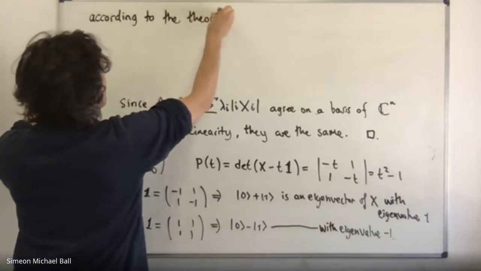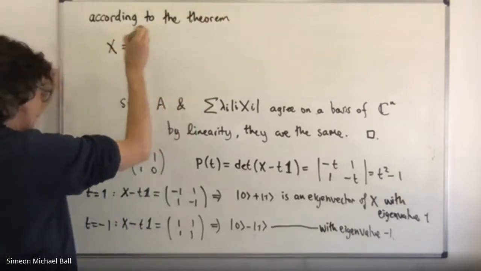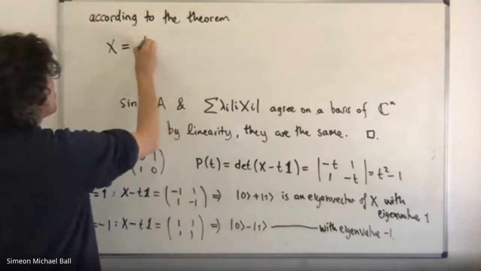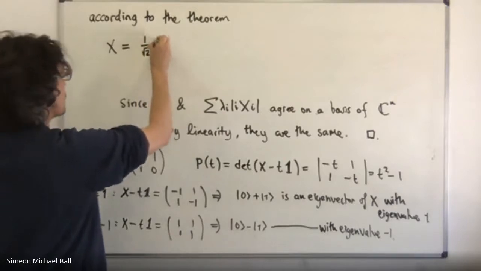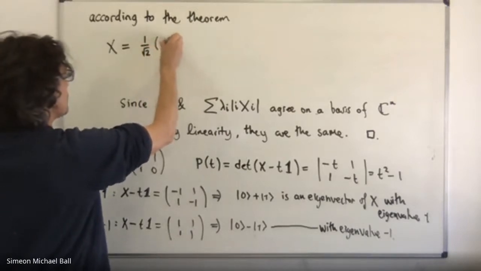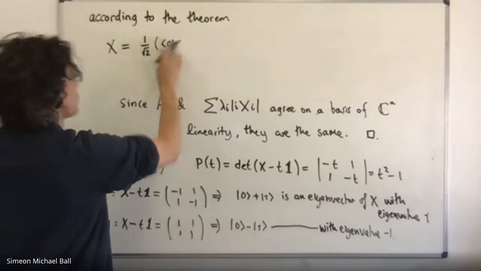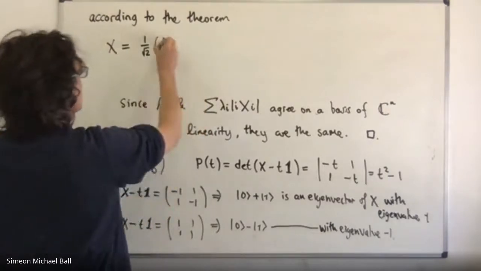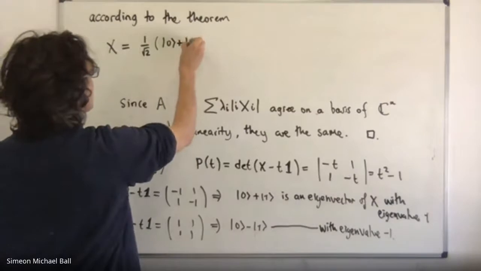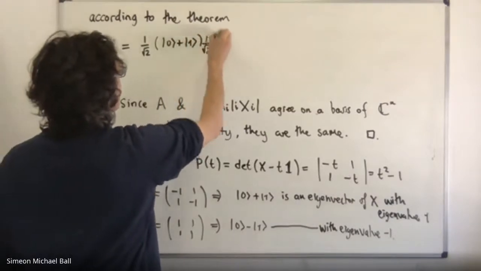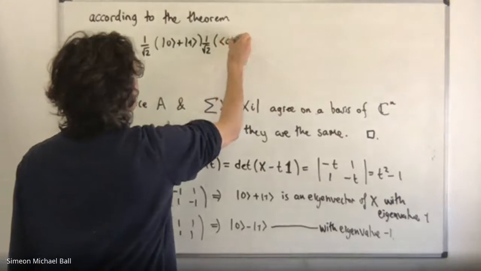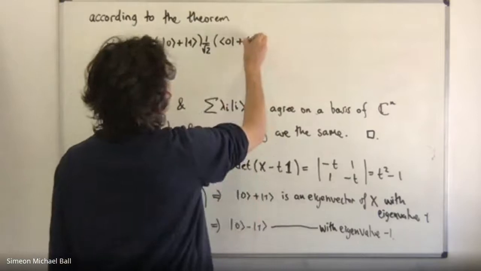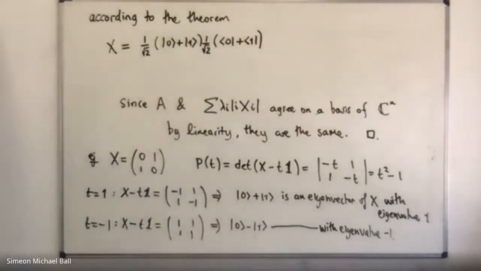So according to the theorem then, it should be that x is equal to 1 over root 2 times the first term in the sum, and then the second term.